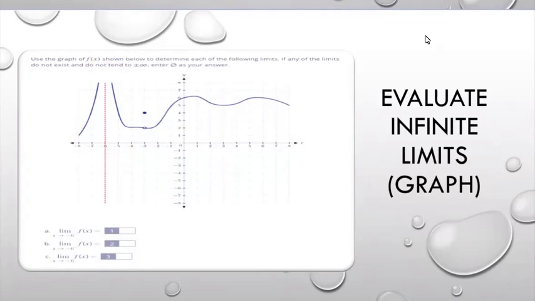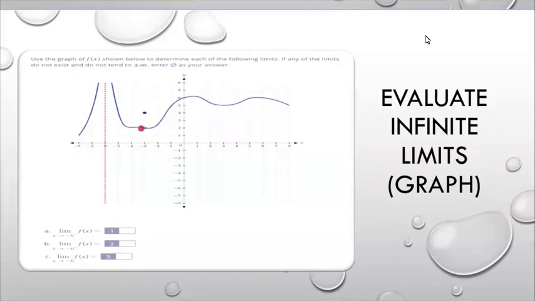So every time you have a vertical asymptote, you have an infinite limit because the graph can't cross that vertical asymptote. So just imagine that you're working through a wall. There's no way you can pass through that wall, right? So what can you do? I mean, you can climb it, right? So that's kind of what the function will do.